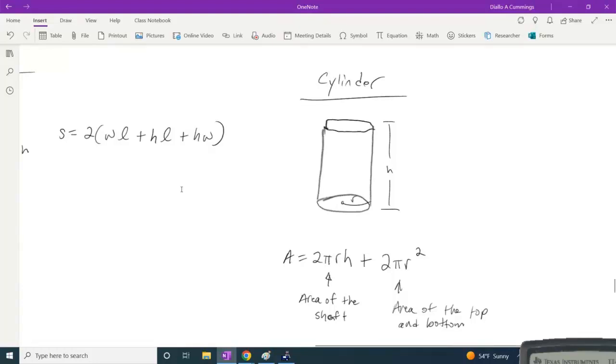So remember that the formula for the area of a circle is pi r squared. Since you have a top and since you have a bottom, we have to multiply that pi r squared by 2 to find the area for the top and the area for the bottom. There's a certain problem in the homework that kind of plays on the top and the bottom.